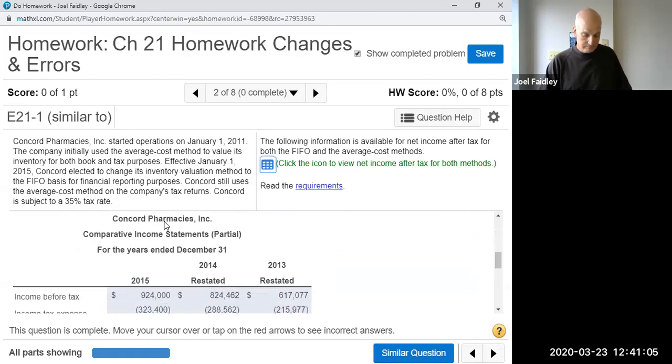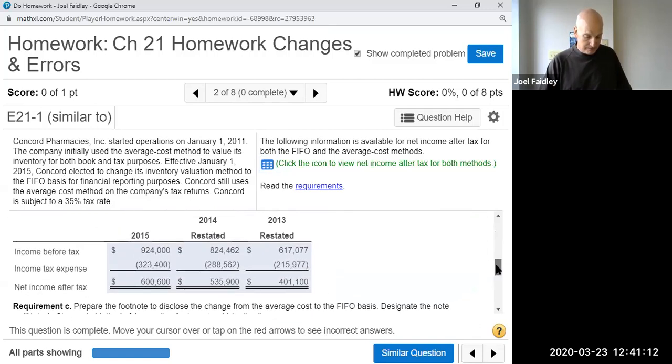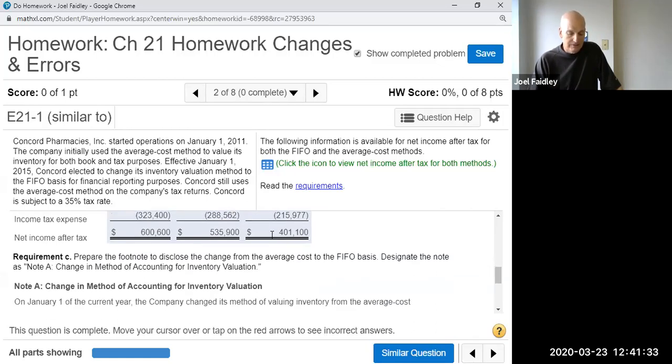And then when I fill out my comparative income statements for the last 3 years, 2015. Remember, 2015, books are still open. So you don't have to restate anything in 2015, but you do have to restate 2014 and 2013 based on this change. The GAAP change is my financial income change.